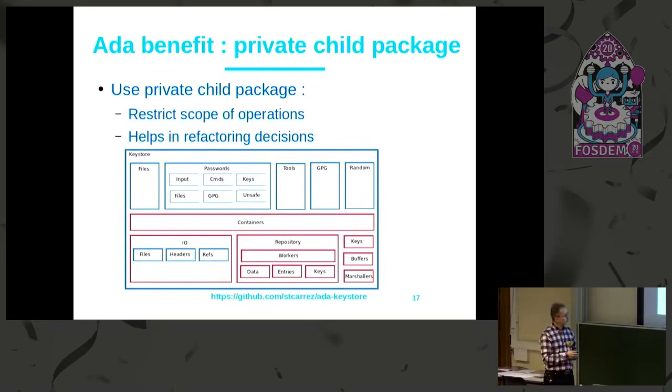All these packages in blue describe the API of Ada Keystore. And then in red, I have the private packages. These private packages cannot be used outside of their container, but they can be used inside. So this package is not public, and it cannot be used outside of the library.